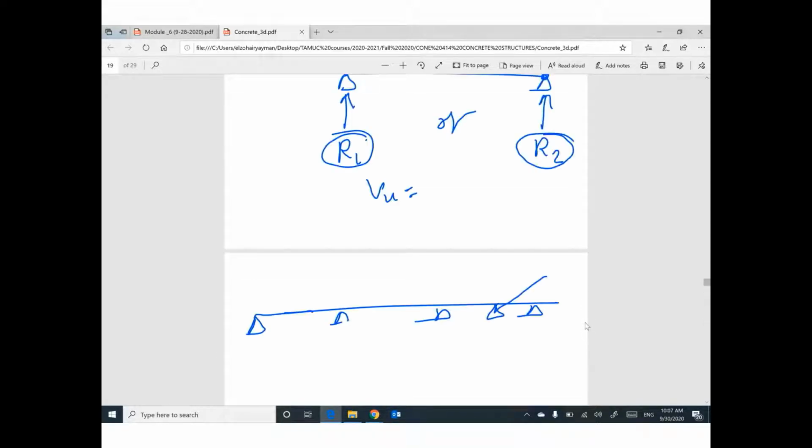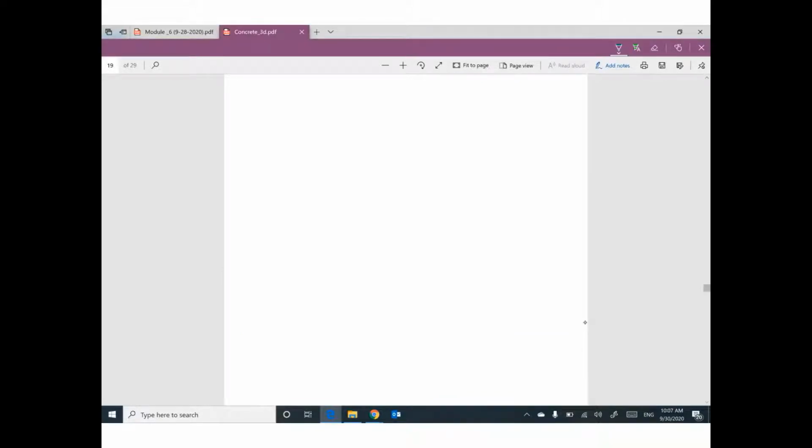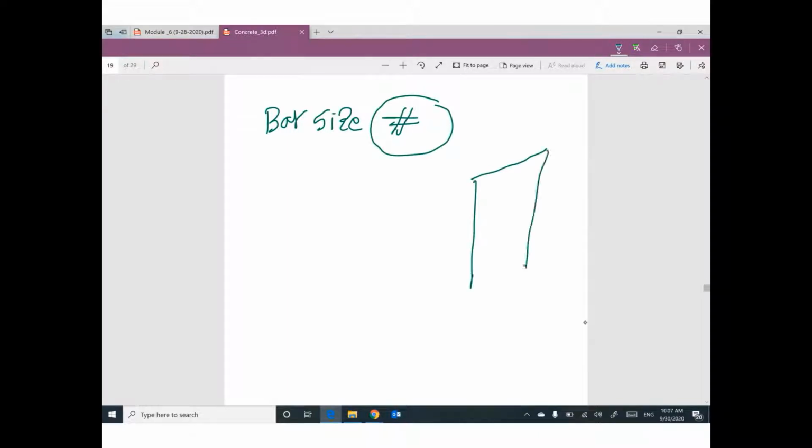The first parameter is the bar size used to make your stirrups. There is a stirrup. What is the bar size? And the second parameter, spacing.